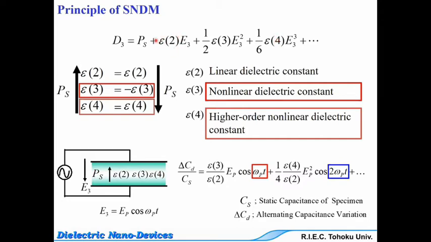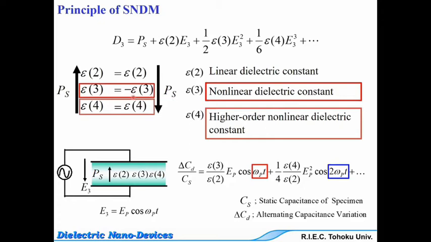An even rank tensor, including a linear dielectric constant, which is a second rank tensor, is insensitive to the state of the spontaneous polarization. On the other hand, epsilon3 is very sensitive to the state of the spontaneous polarization and crystal anisotropy because it's a third rank tensor, an odd rank tensor.